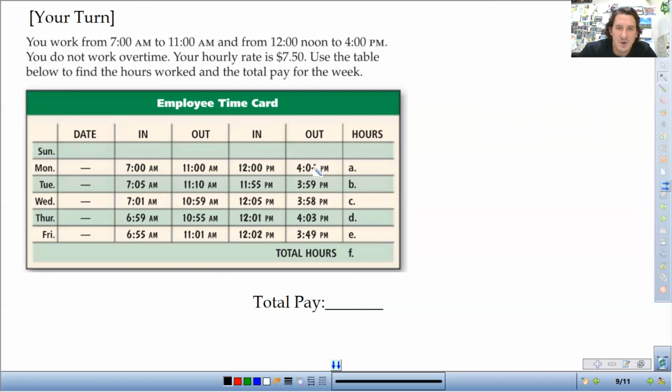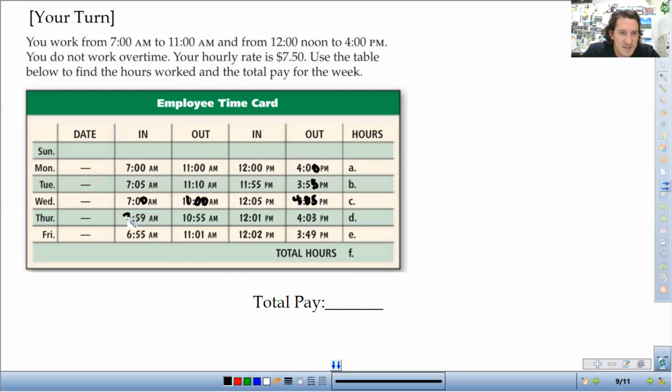I'm going to change this to a 4 o'clock. We're not doing these weird ones. I'm going to change this to 4:05, and we're going to change this to 11. Let's see, any others we need to change?